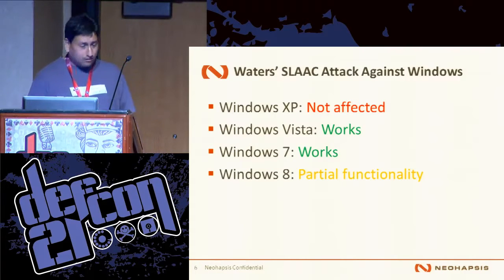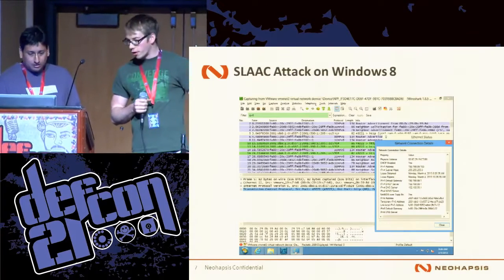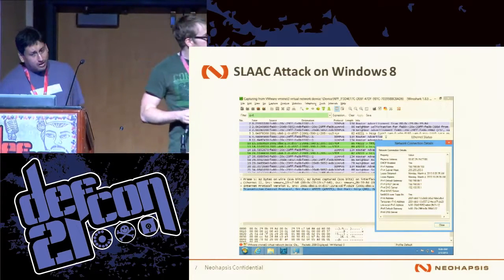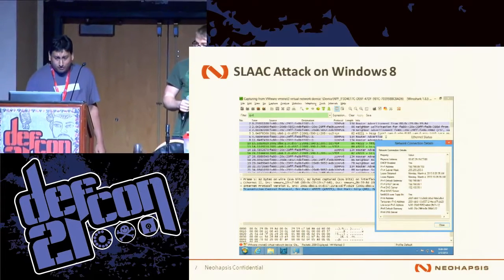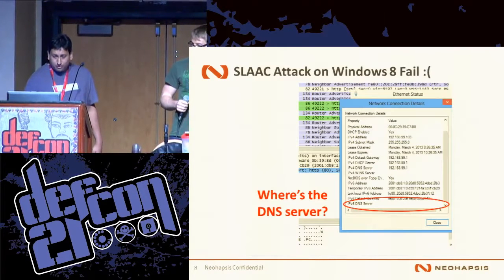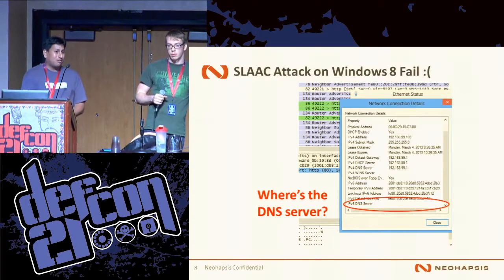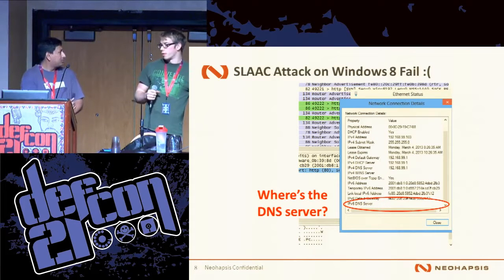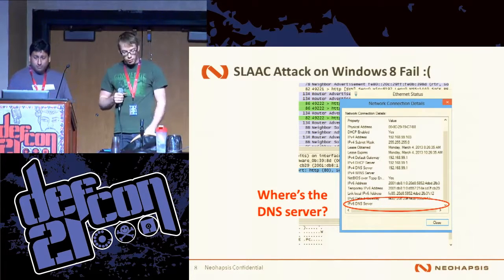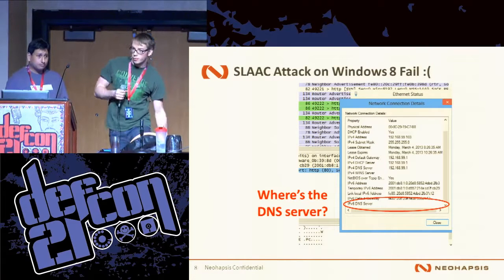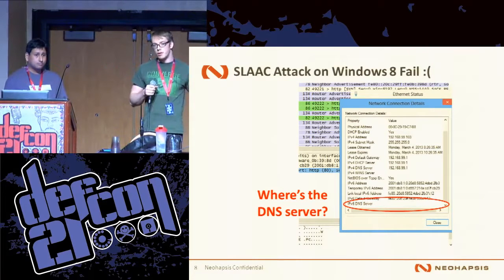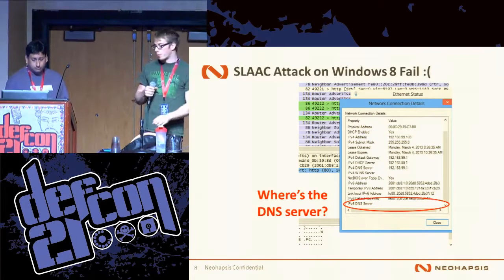Although it might be a little difficult to see in the next screenshot, we have some IPv6 router advertisements, but Windows 8 no longer accepts the DNS server setting through SLAAC alone. So it tries to make a request, does not get a DNS response, and then falls back to IPv4, which is a technology known as Happy Eyeballs, and we'll touch on that a little later in the presentation as well.